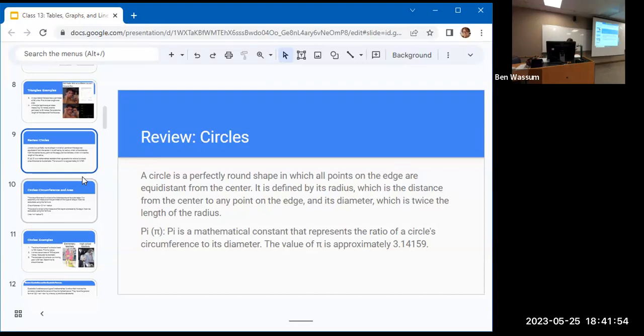Like I said last time, chances are you have a pi button on your calculator. Some people are perfectly happy with rounding that off to 3.14. I am not. I don't feel like that gives us enough accuracy. So I would either use a couple more digits than that, or just use the pi button on your calculator because it has more digits than you're ever going to need.